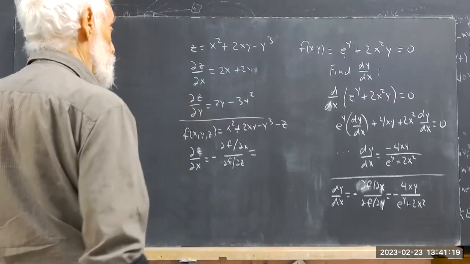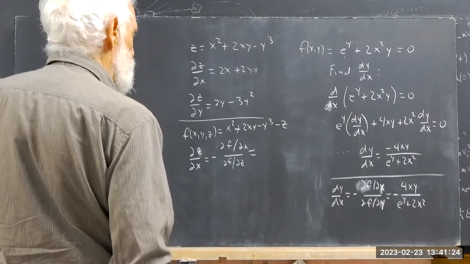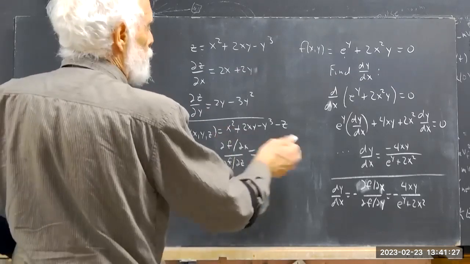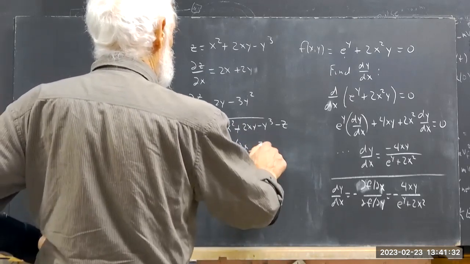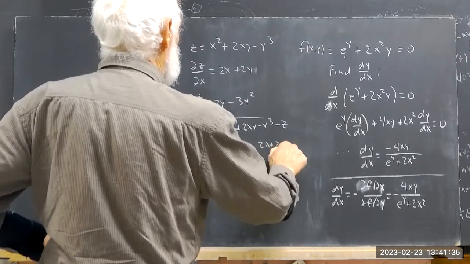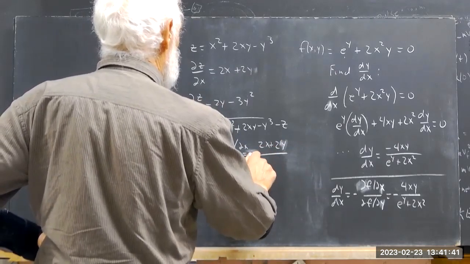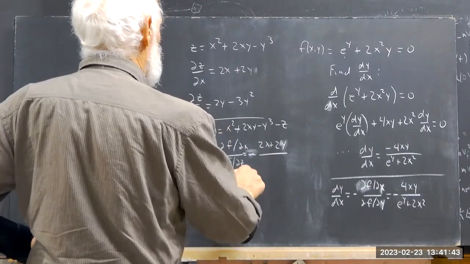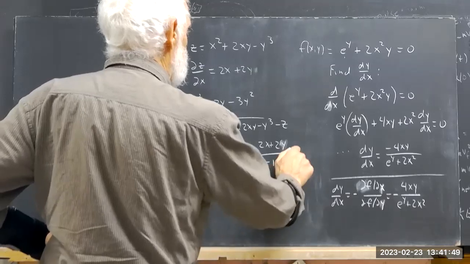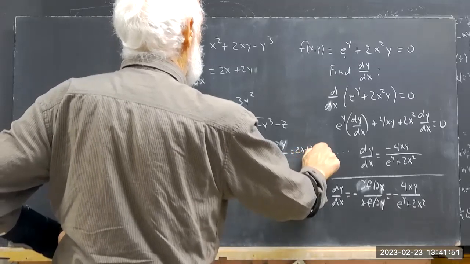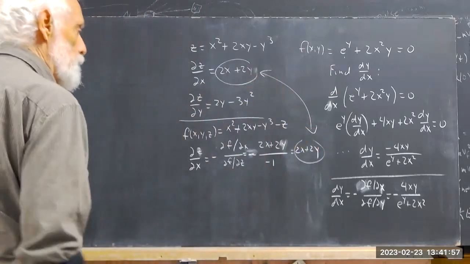If I wrote that down right, let's see. And it's kind of trivial in this case. Partial of f with respect to x is again 2x plus 2y. Need a negative sign out front. And the partial of f with respect to z is negative 1. So that is 2x plus 2y. It matches what it should match.